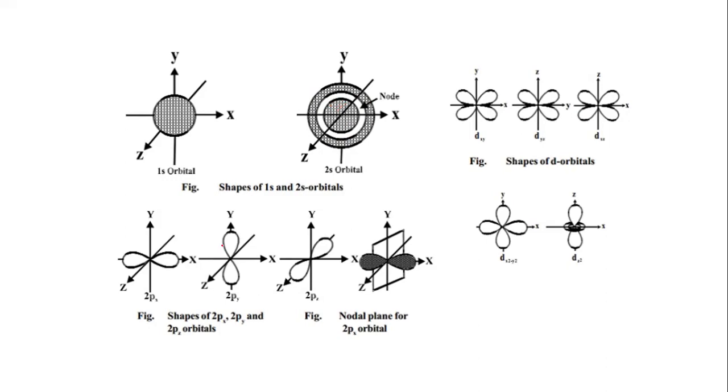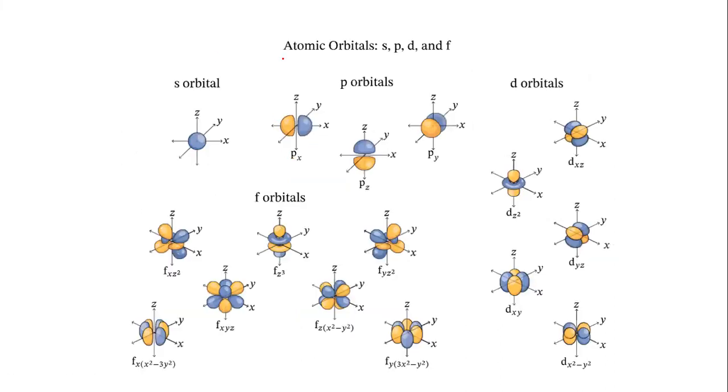So these are the p orbitals. But you know what? This is what I want to do. I want to show you different shapes of different orbitals. Okay. Now in this slide, we have the s orbital. We have the p orbitals, we have the d orbitals, we have the f orbitals. The s orbital has only one shape, which is spherical.